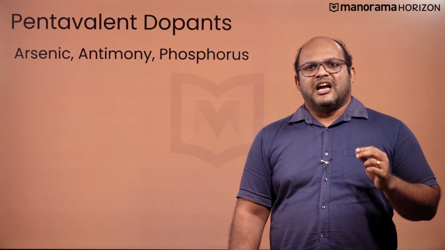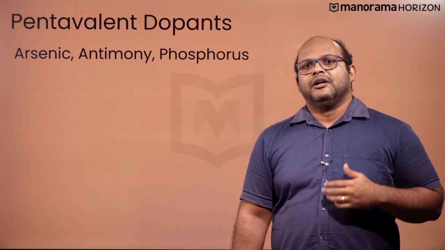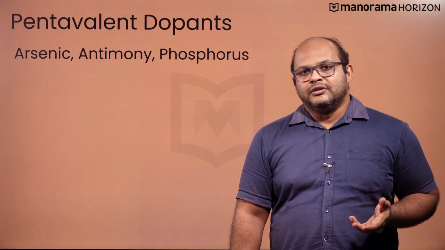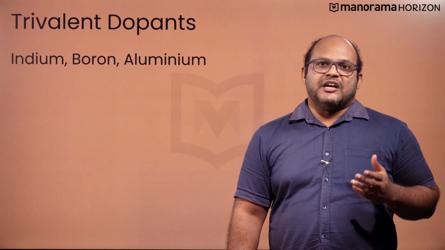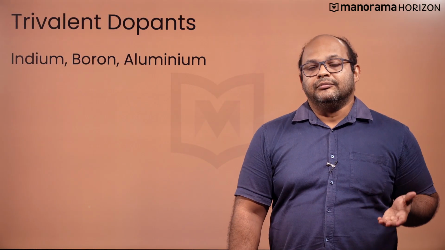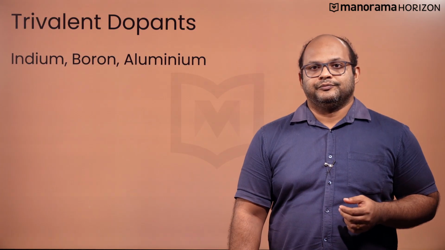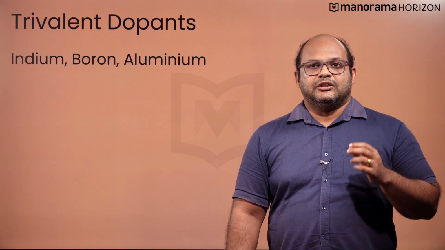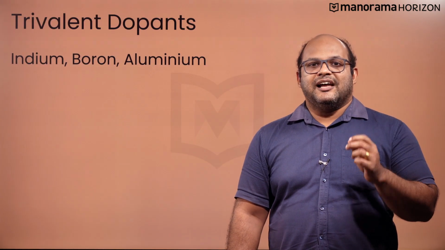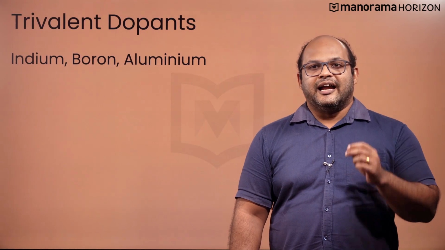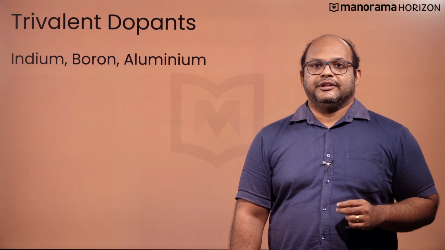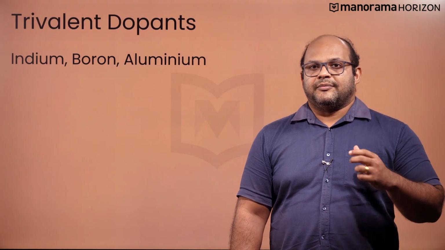Pentavalent dopants have a valency of 5, for example, arsenic, antimony and phosphorus, and trivalent impurities have a valency of 3, for example, indium, boron and aluminum.